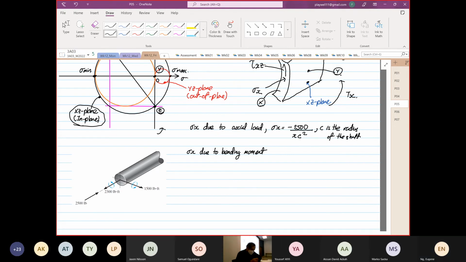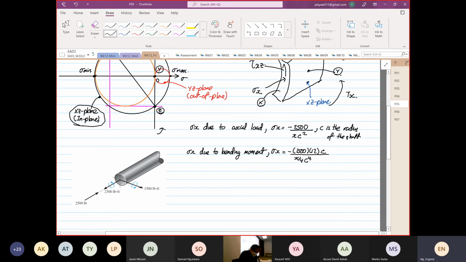Okay, so we have stress X is equal to, because it's compression, minus the bending moment, which is 1500 multiplied by 12, multiplied by c, which is the radius, over pi over 4 c to the power 4.